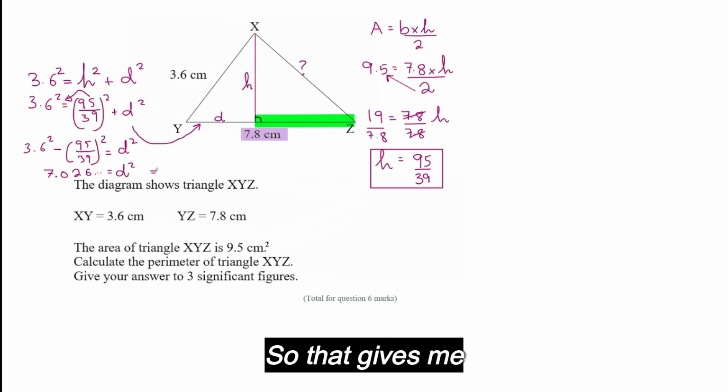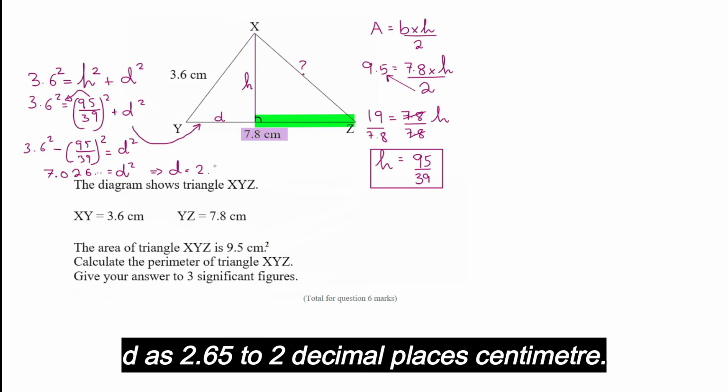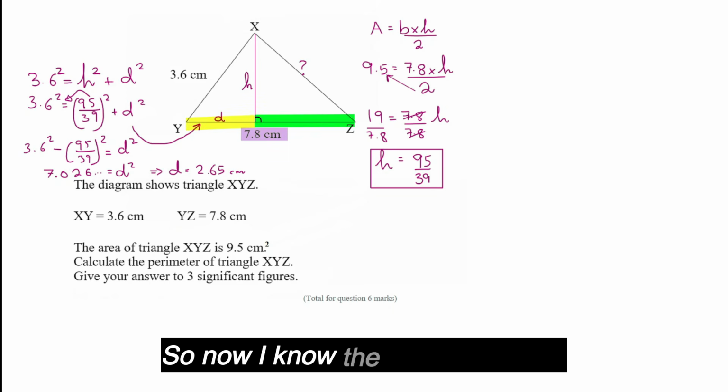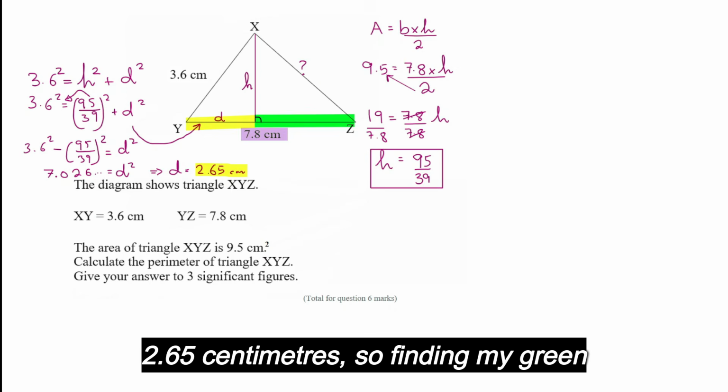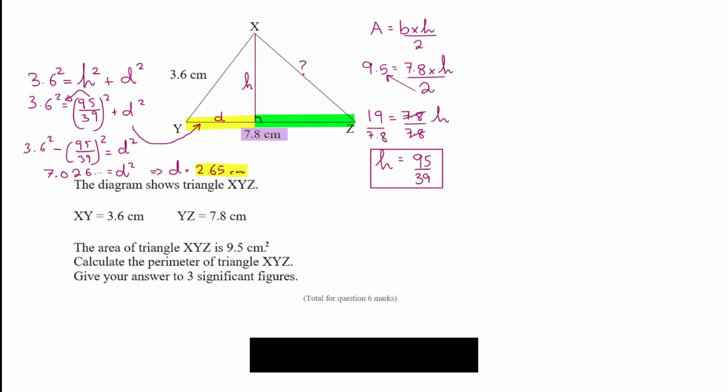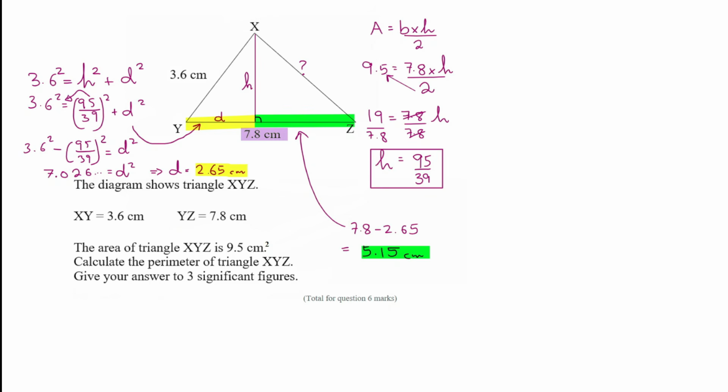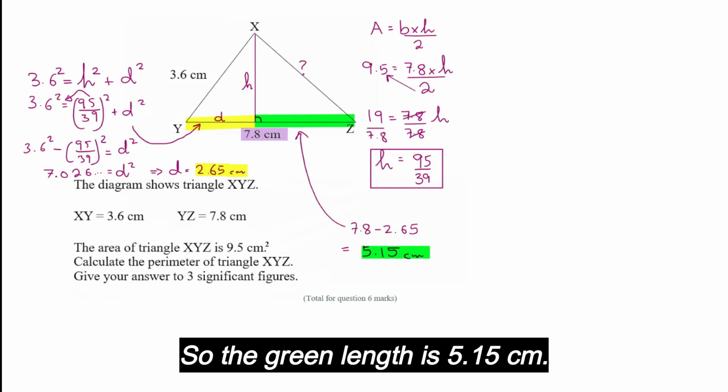That gives me d as 2.65 to 2 decimal places, centimeters. So now I know the yellow length is 2.65 centimeters. So finding my green length is very easy. 7.8 take away 2.65. So the green length is 5.15 centimeters.